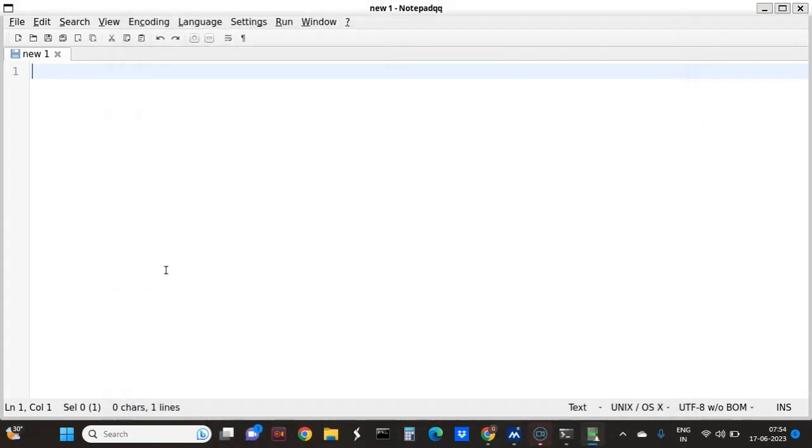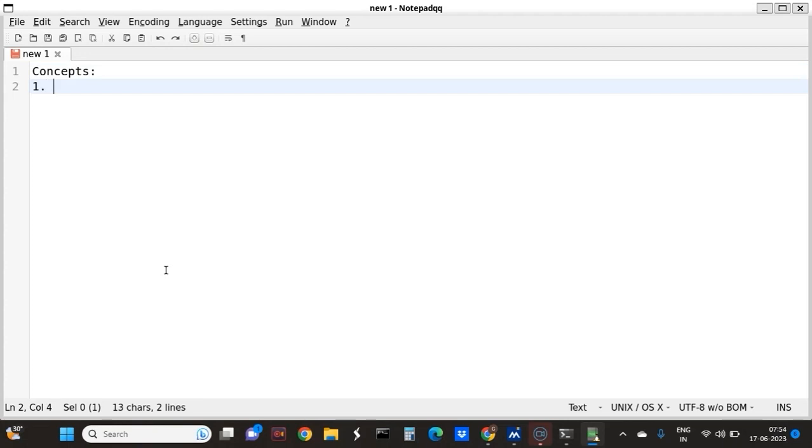So now I will note down the points, the concepts. The first concept is association rule mining, or you can say association rule mapping.